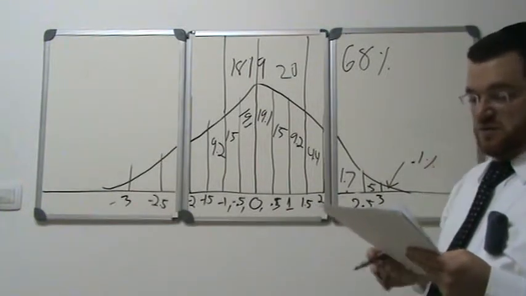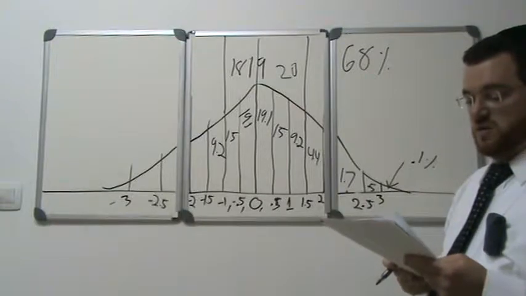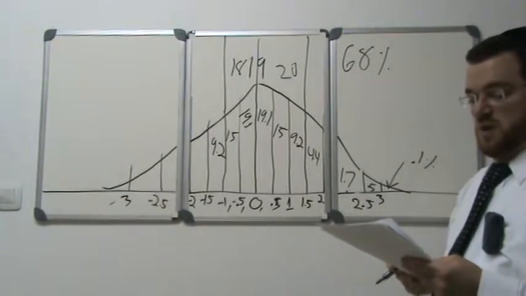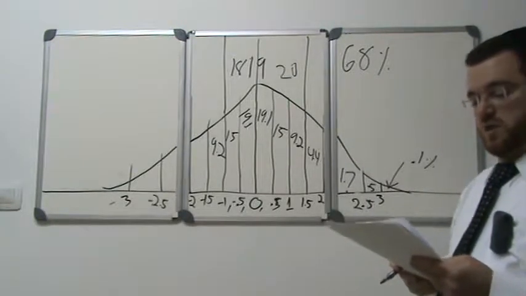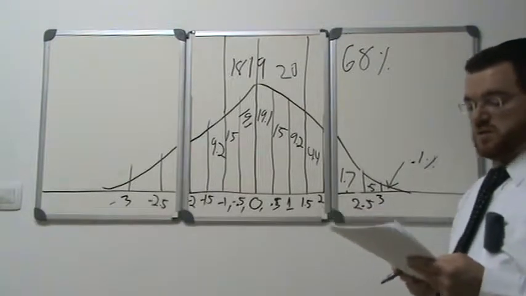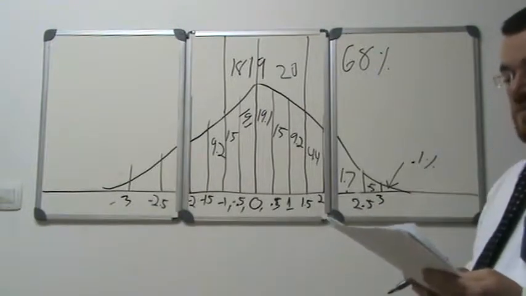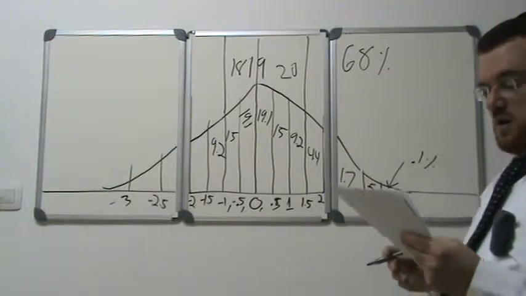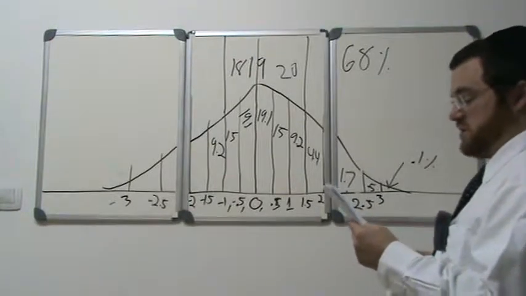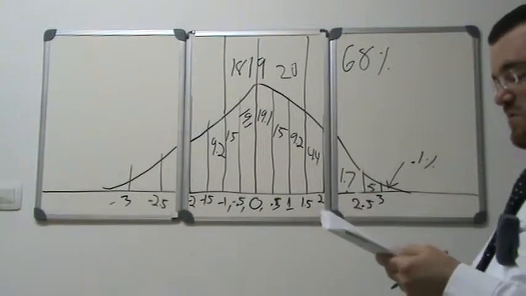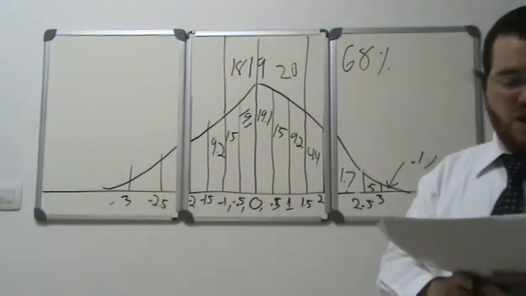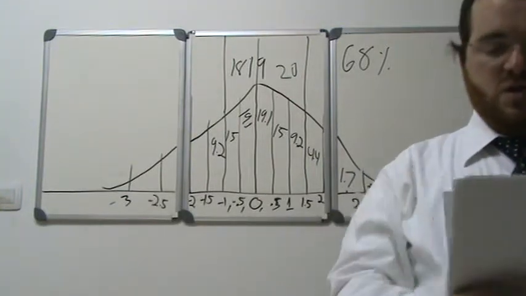The answer is 68%. If you want to write the whole thing out, you could write 68% of the students are within one standard deviation of the mean. But if you write 68%, that should also be right.